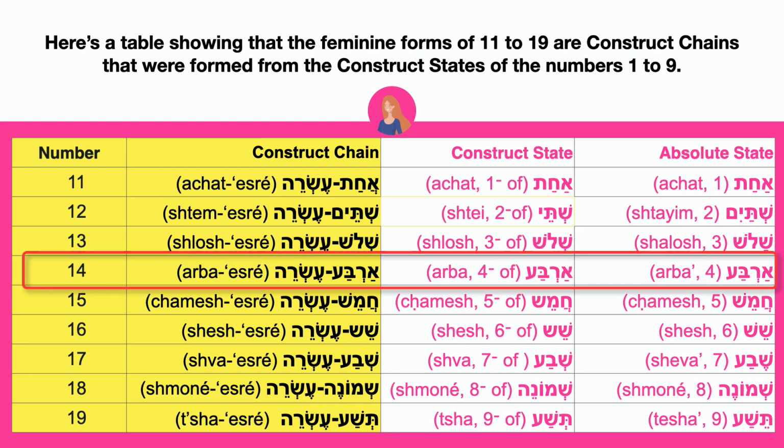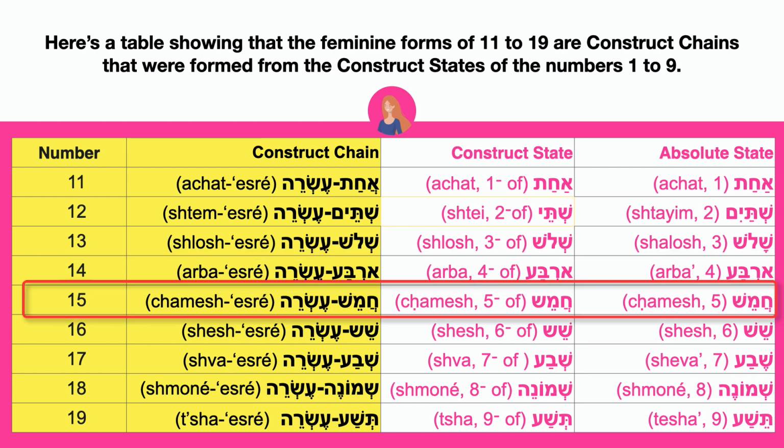14, arba esre. Arba is the absolute state of the feminine form of the number 4. In its construct state, it is also spelled arba, so no change there in the pronunciation. So we say arba esre, 14. 15 is chamesh esre.